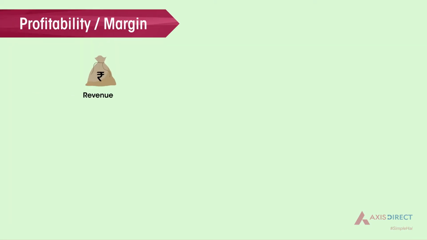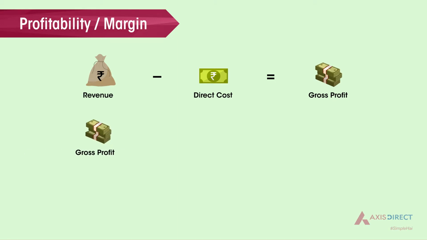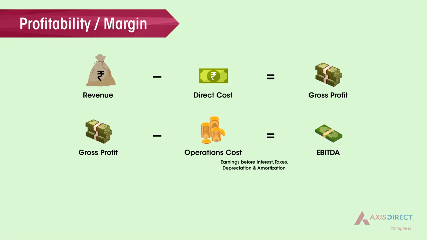Coming to profitability. Revenue from sales less direct cost to manufacture the product is equal to gross profit. Gross profit less operation cost or cost incurred to perform day-to-day activities is equal to EBITDA, or earnings before interest, taxes, depreciation and amortization.